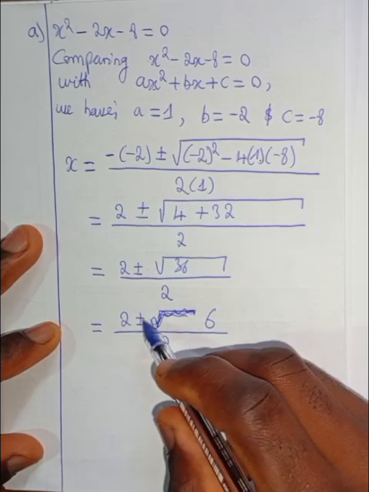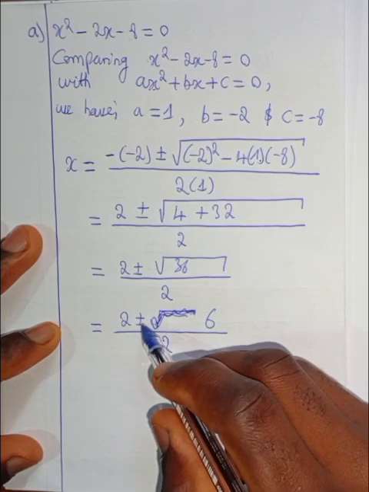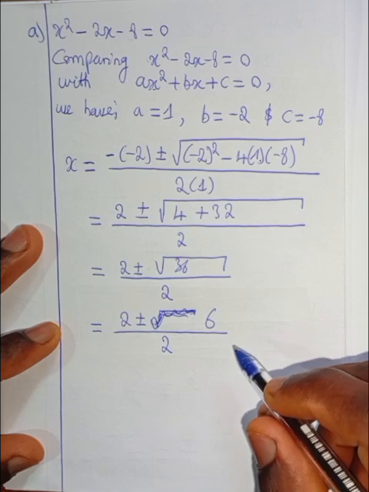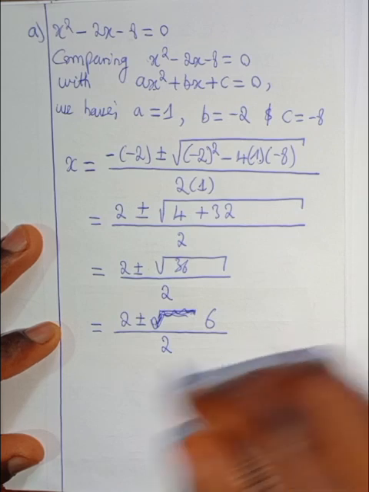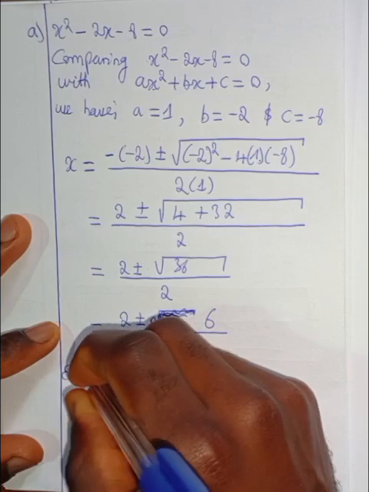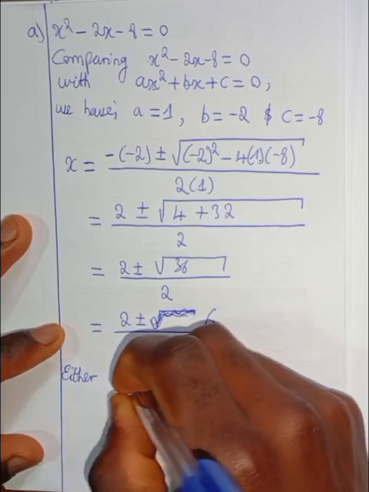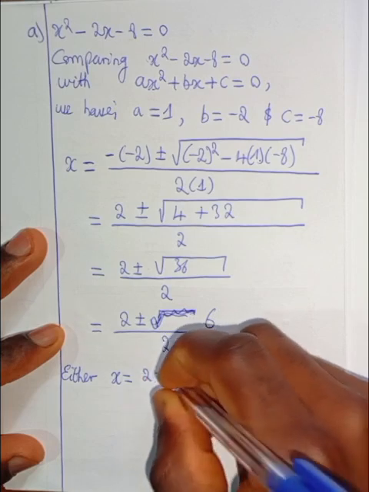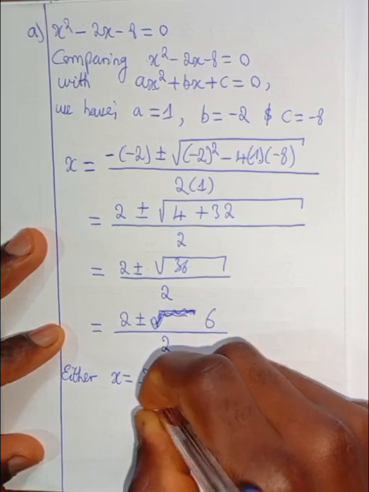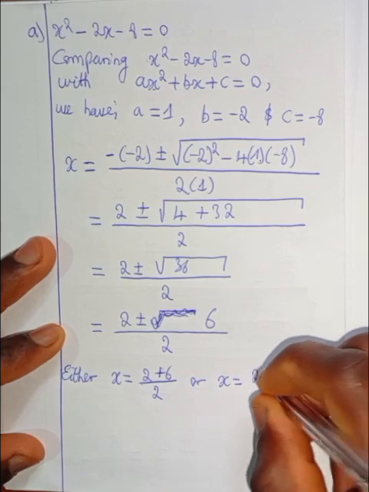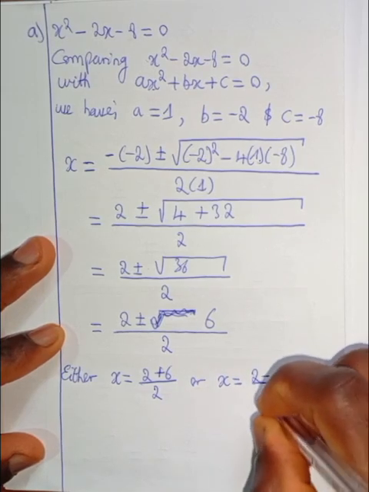You'll see we have addition and subtraction, and we cannot be working with addition and subtraction at the same time. So it simply means either x will be equal to 2, you take addition first, plus 6 all over 2, or x is equal to 2 minus 6 all over 2.